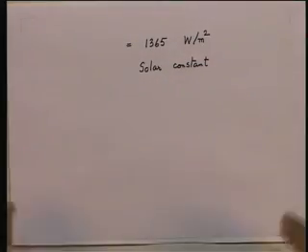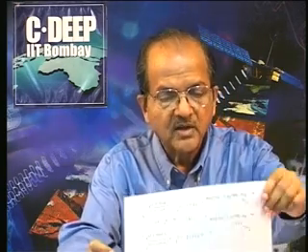So, here is a simple problem which we have done to illustrate how to use all the laws of black body radiation, Planck's law, Wien's law as well as the Stefan-Boltzmann law. Now, all these laws give you values for black surfaces, but as an engineer we are dealing with real surfaces. Real surfaces are not black surfaces.